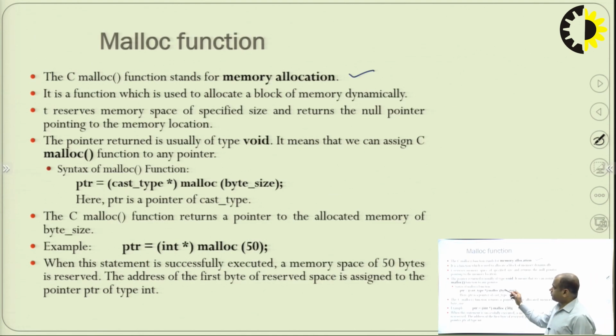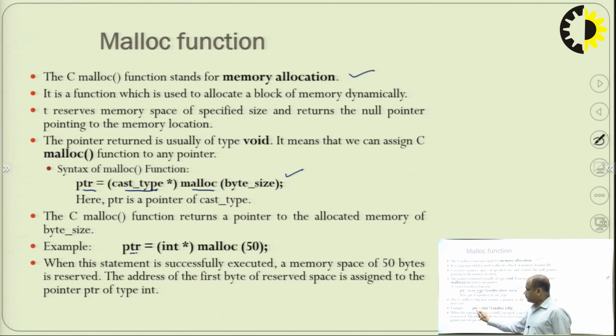So the syntax is: pointer name, pointer type, casting type with the indirection operator, malloc, size in bytes. Here ptr is the pointer of cast type. So the malloc function returns a pointer to the allocated memory of the given byte size.